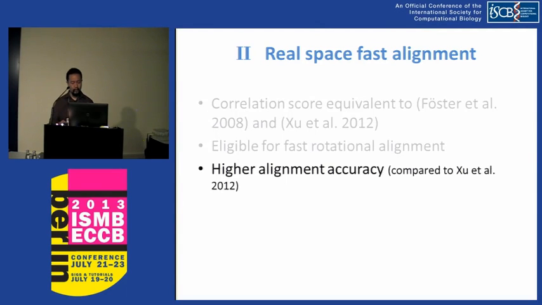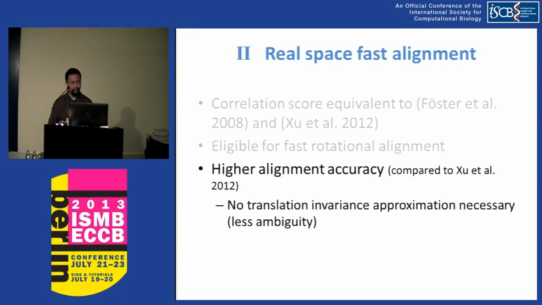And it achieved a higher alignment accuracy compared to our previous fast alignment method because, first, unlike our previous method, the new method does not have a translation invariance approximation step.